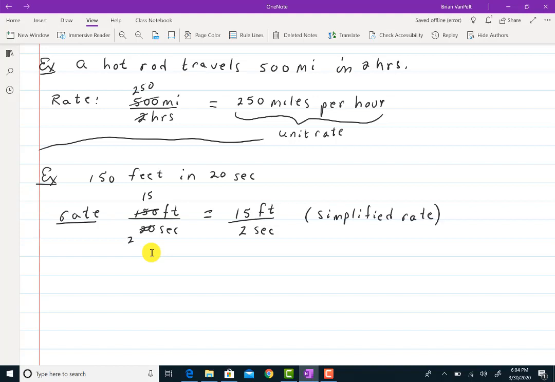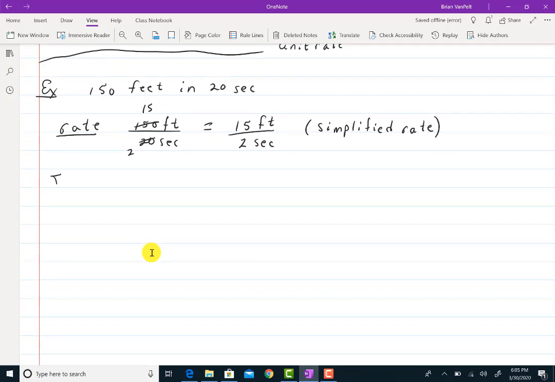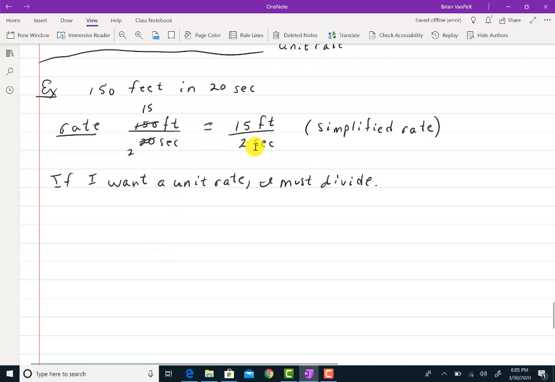Should I want a unit rate, I must divide. You have to divide until you get a 1 in the denominator. So to do that, I'm going to have to go to decimals.